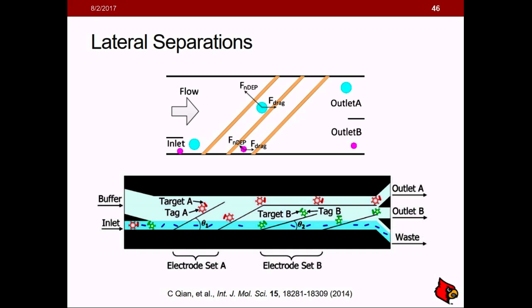Maybe you have a frequency dependent system on, say, target A, target B, and your waste would be unaffected by your system, or designed that way to where you have maybe a set of electrodes that are targeting target B and a set of electrodes targeting A, and then you have some separations downstream.